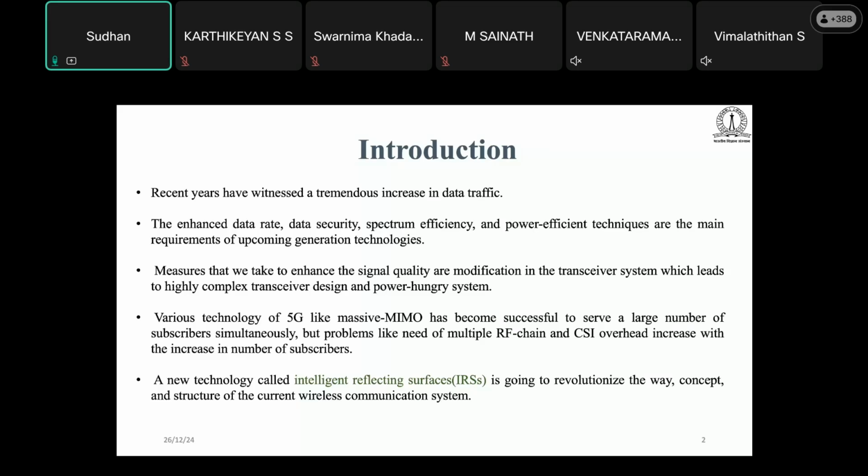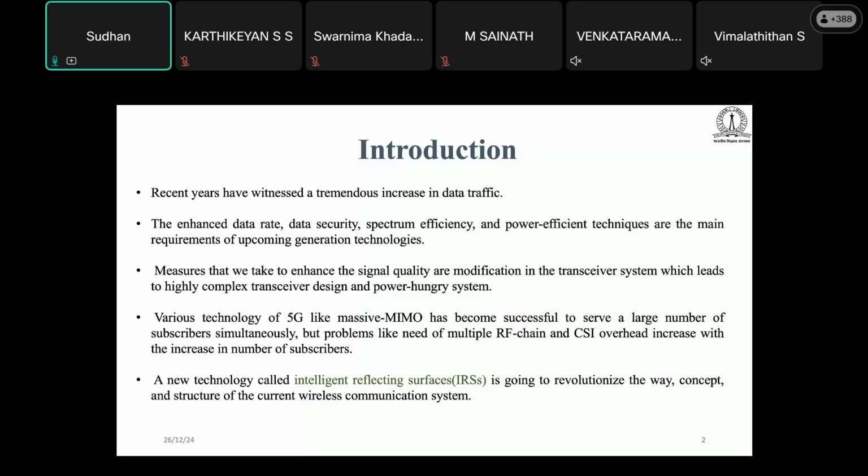This way, whatever shadowing areas or obstacle areas are present can be nullified, and those positions can be served by a higher power MIMO system, but those are not power efficient.